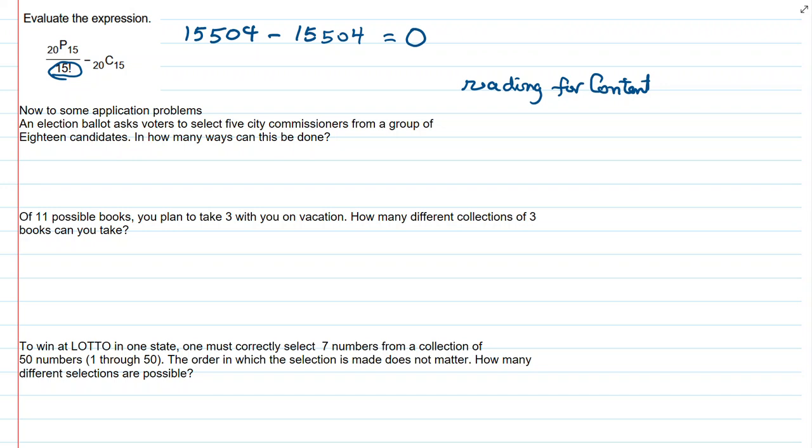All right. An election ballot asks voters to select 5 city commissioners. And this means order not important. Commissioners are not the chair, the holder of the position.